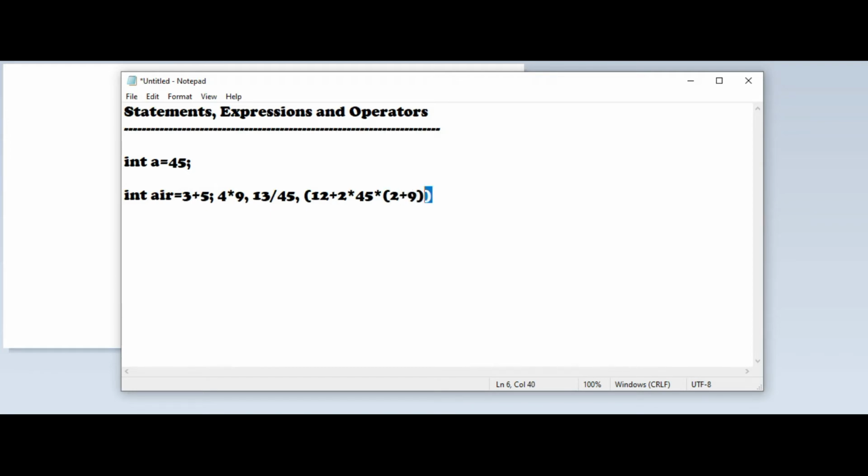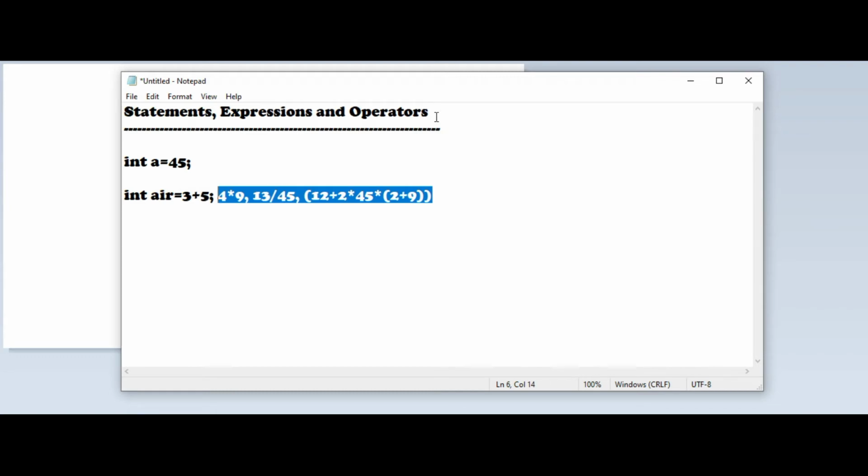So these entire bits can be termed as an expression. An expression is something that expresses its value in the computer's program.